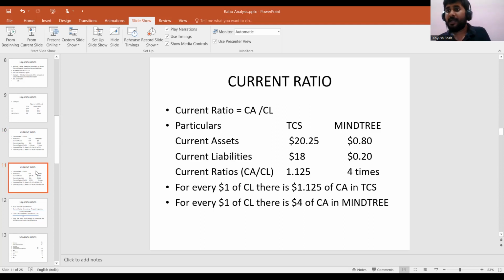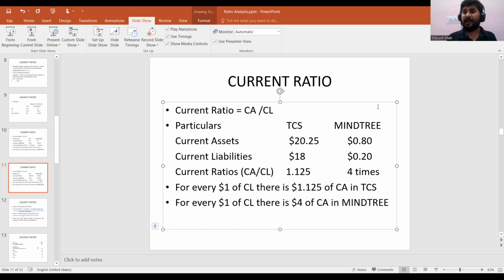Say 25% of its debtors refused to pay. They said, we are not in a position to give you money right now. COVID has come, we are nearing bankruptcy.